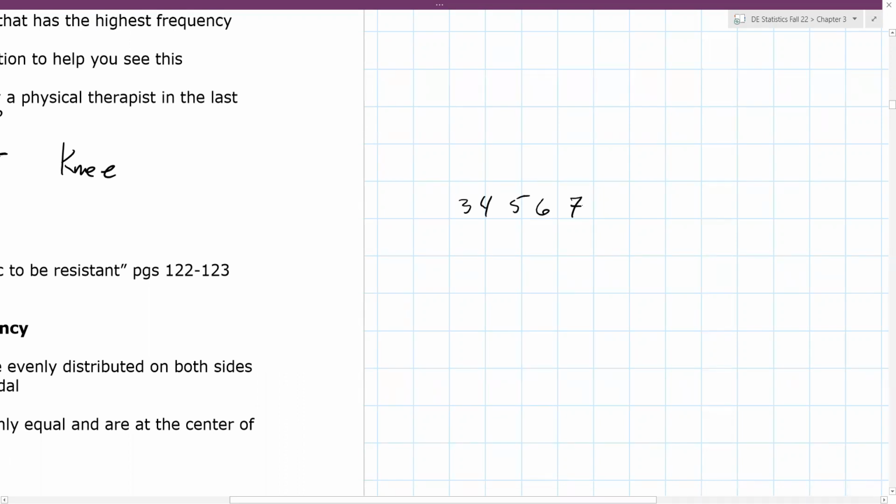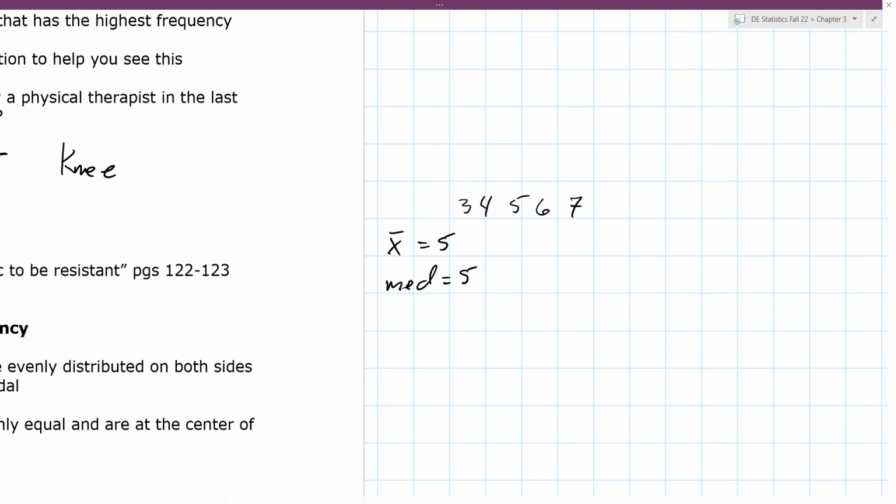And we want to find the average of that data set. I add everything up, I divide by 5, I get an average of 5, and I get a median of 5.